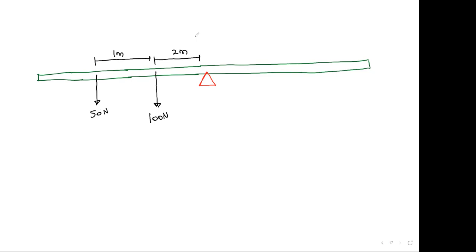So don't you think these two want to rotate the system anti-clockwise, right? That's right. Now the question is, I want to keep the rod in equilibrium. To keep the rod in equilibrium, I will have to attach some force here, right?